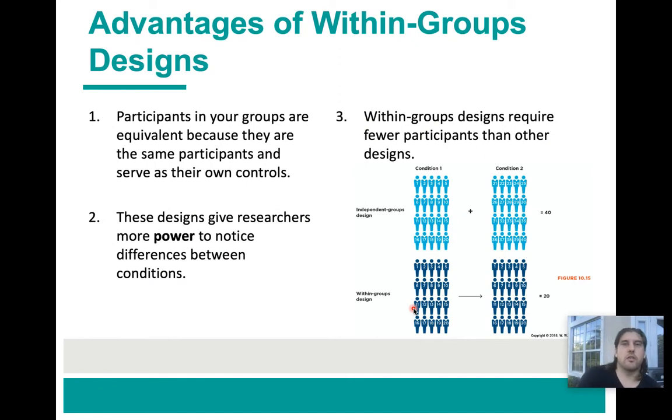So that's the issue of counterbalancing, one of the drawbacks of a within groups design. The advantage is that because we're using the same people multiple times, it allows us to control for person level variables, right? People essentially serve as their own control because we're comparing them in one situation to them in another situation.